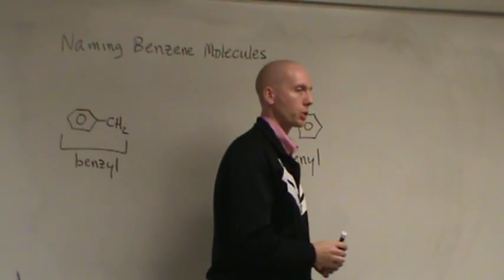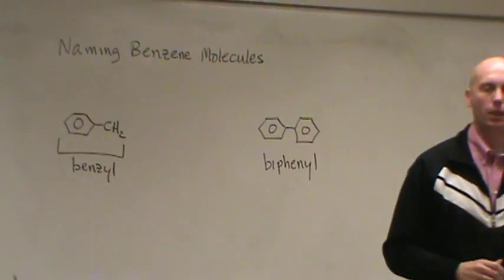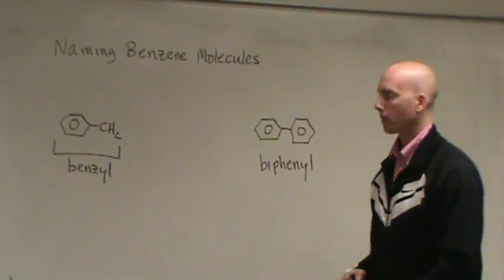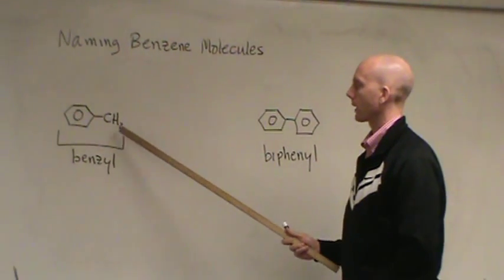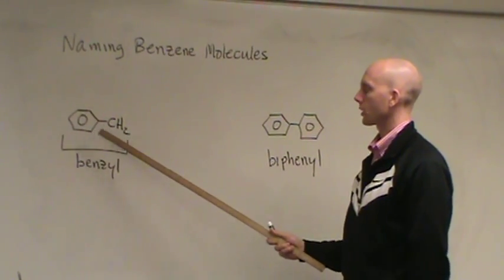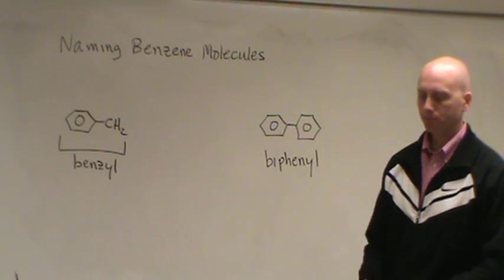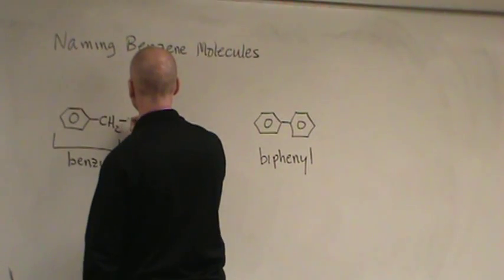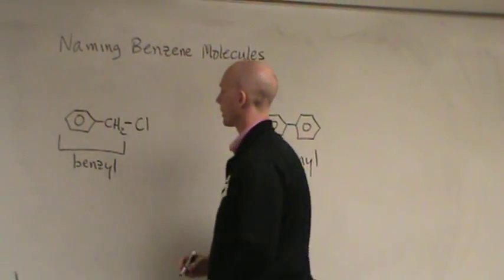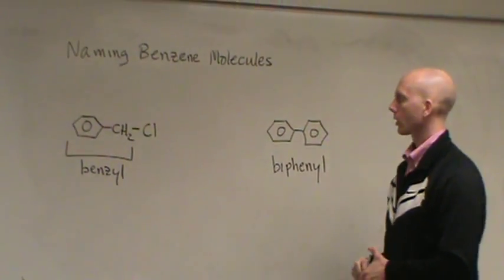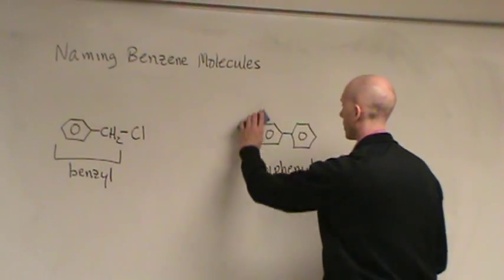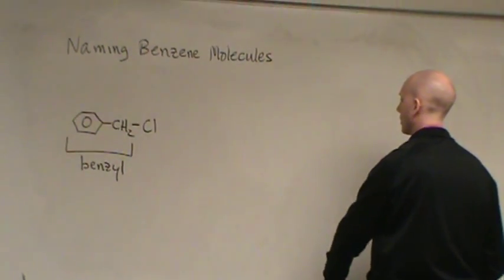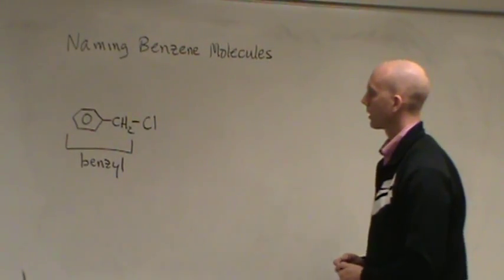Here we want to introduce ourselves to something called the benzyl group. The benzyl group is simply when I have a CH2 attached to the benzene ring. So I need to complete the molecule with something. Let's put a chlorine on there. Okay.